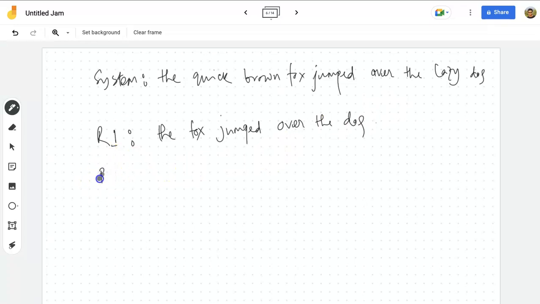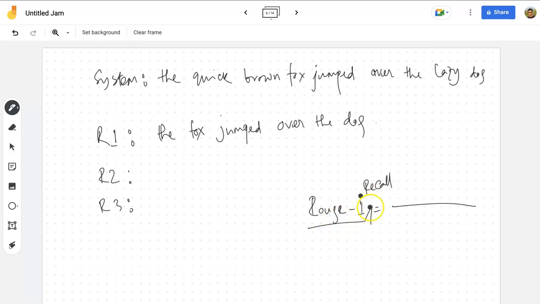There are also R2 and R3. So let's calculate ROUGE-1, the unigram. What will be in the denominator? They are asking for ROUGE-1 recall.